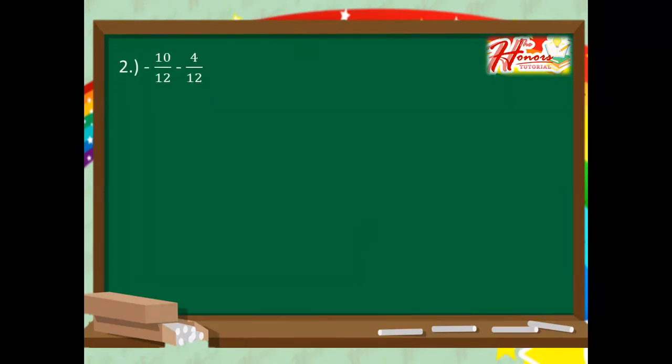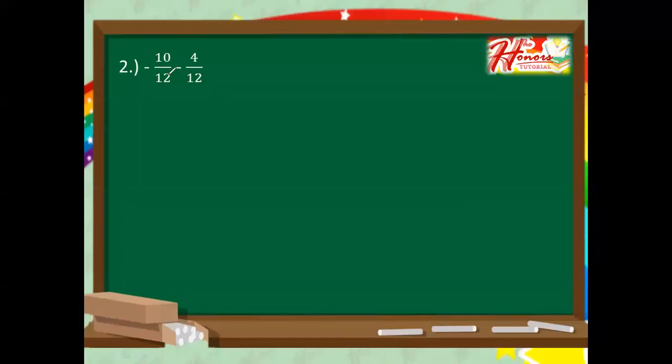For number 2, we have here negative 10 over 12 minus 4 over 12. How are we going to solve for this? You have to consider the sign. So we have here same sign, right?